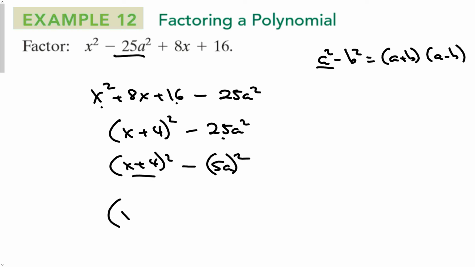So we have x plus 4, that's a, plus b times a minus b. And now I have successfully factored this polynomial into 2 trinomials multiplied together.